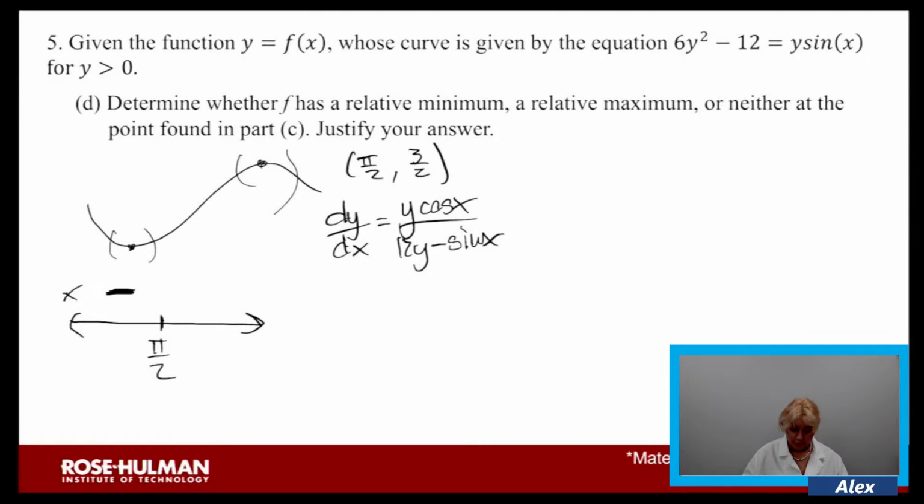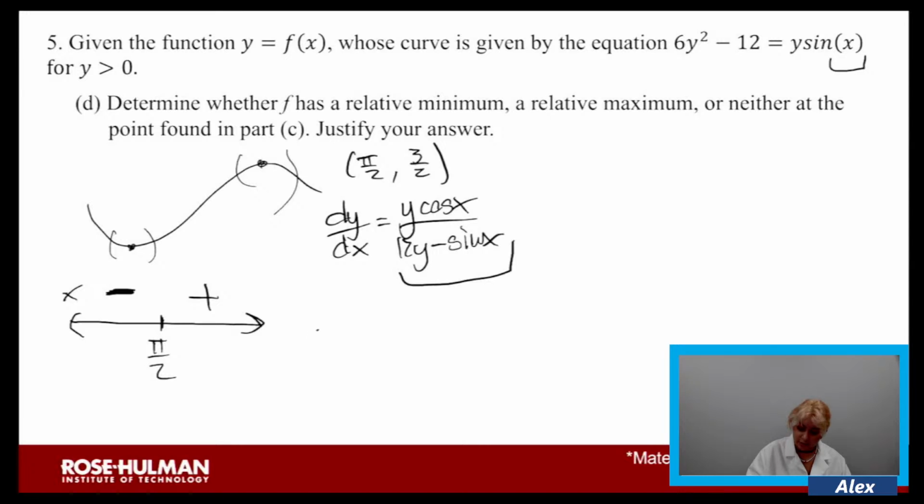If we choose a number larger than pi over 2, like let's say 3, we can plug that in. You can plug that into this equation to find what your y would be, plug that into this equation, and it'll tell you that it is positive.